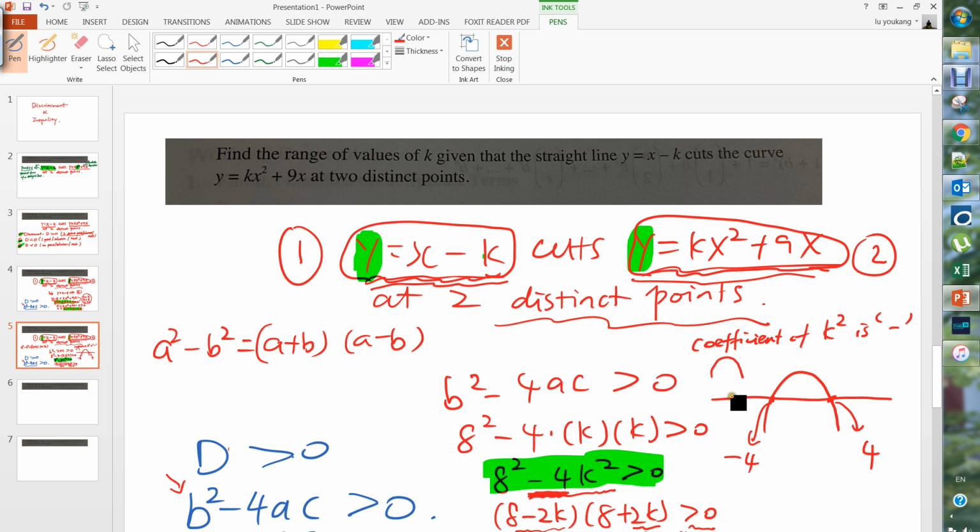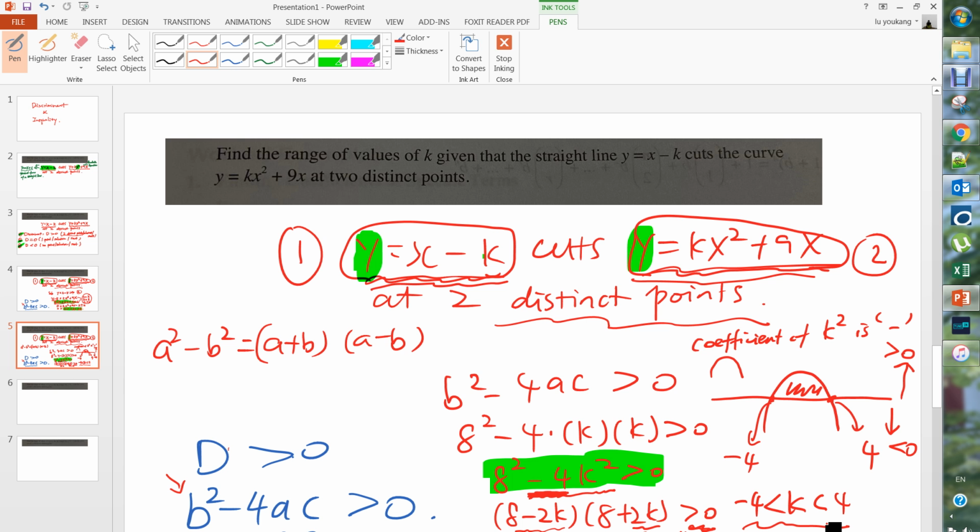Basically, this is the number line, the portion that is above the line is bigger than 0, and the portion that is below the line is smaller than 0. And the question is bigger than 0, right? Can you see? So therefore, you shade this part, the one that is above 0. So therefore, your k is actually bigger than negative 4 and smaller than 4.